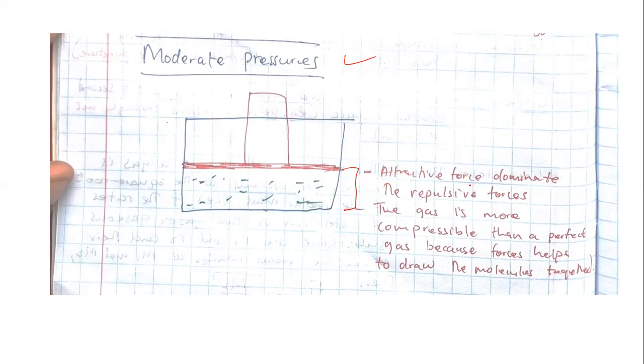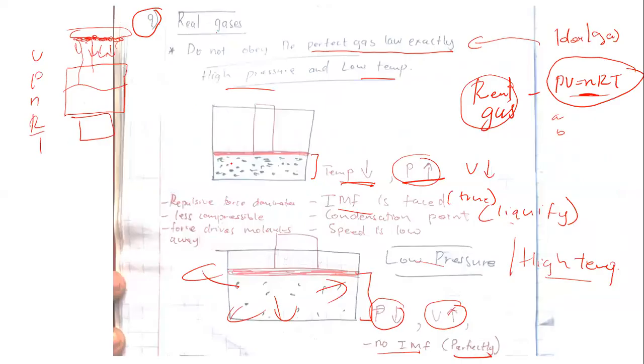We're going to have attractive force, whereby the attractive force is going to dominate over the repulsive force. So in this case, these gaseous molecules will attract one another. Attractive force will be stronger than repulsive force. Remember, the repulsive force dominates only at high pressure.